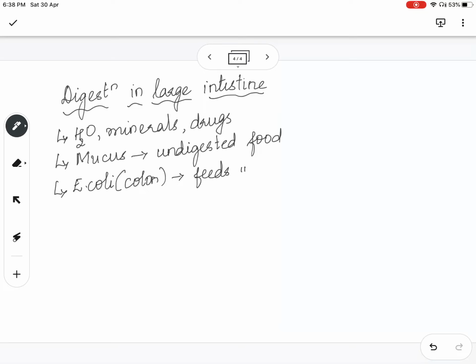If there are any food particles still present in the colon region, this bacterium will make sure it feeds upon them, and it will in turn help produce certain vitamins such as B12, B1, B2 and K, and those vitamins produced there will be absorbed by the colon itself.